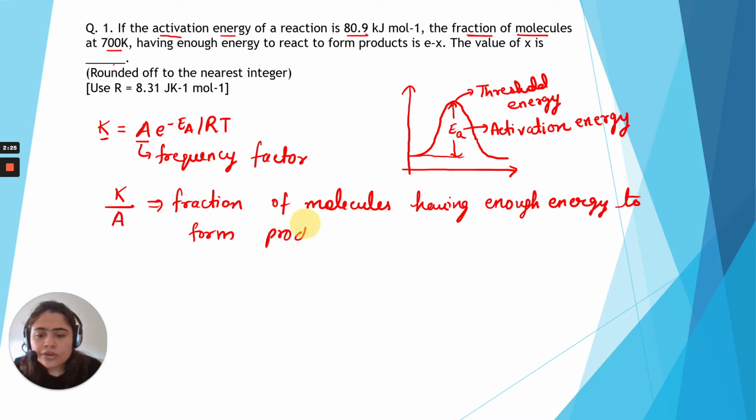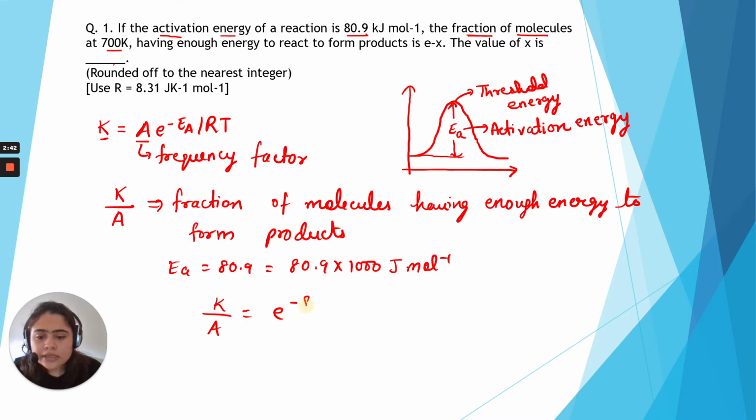Now here in the question we are given the value EA as 80.9, which will be equal to 80.9 into 1000 joule per mole. R value is given, T is also given. We'll substitute the values in the equation.